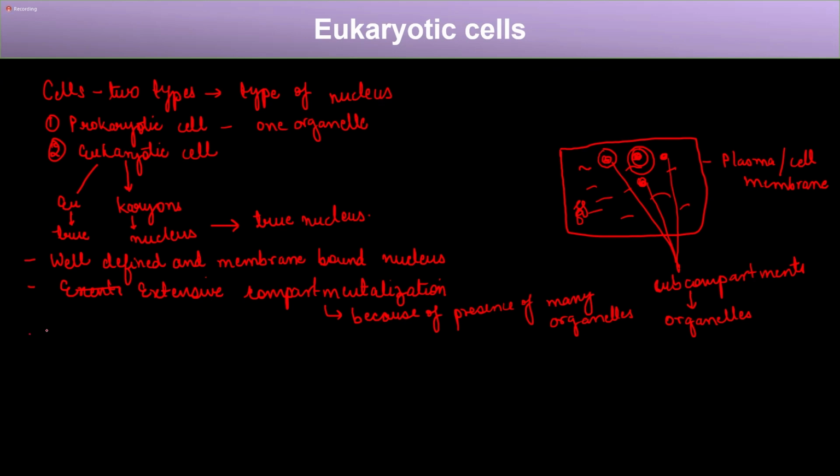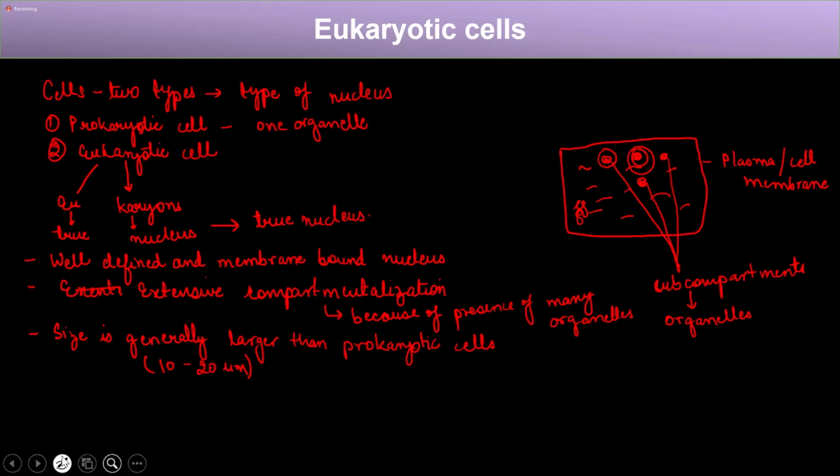The size of a eukaryotic cell is generally larger than that of prokaryotic cells, with a general size range of 10 to 20 micrometers.